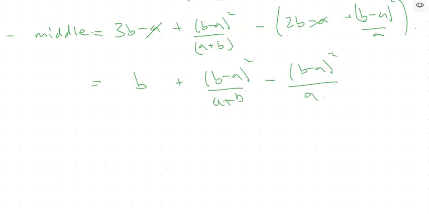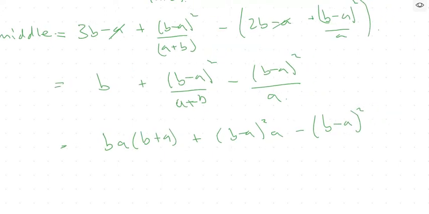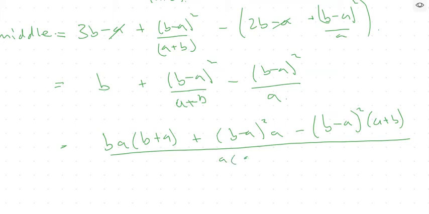Let's multiply, so I'm basically making this into a single fraction. (B minus A) squared times A, minus (B minus A) squared times (A plus B), all over (A plus B).